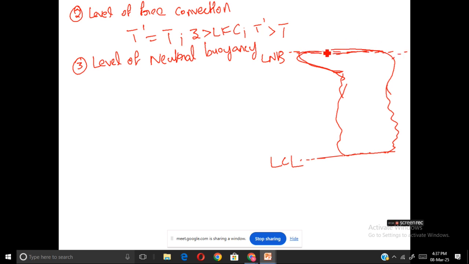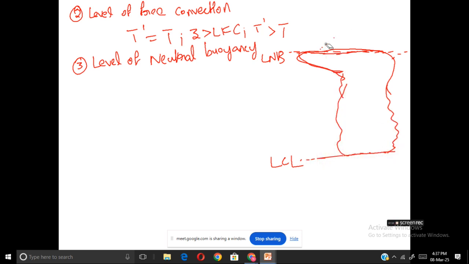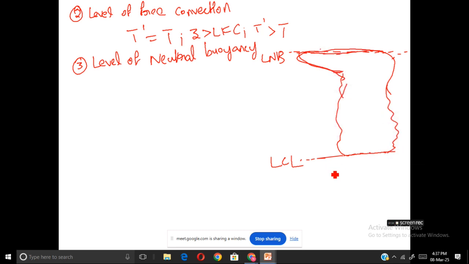This may be because of the top of the troposphere. Above this, the temperature starts increasing in the atmosphere, so only till this point can thunderstorm clouds grow. The lifting condensation level will generally be the base of the cloud, and this will be the top. You would have seen these big thunderstorm clouds during pre-monsoon time.